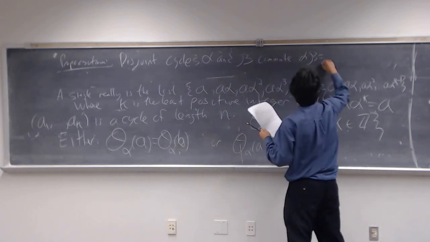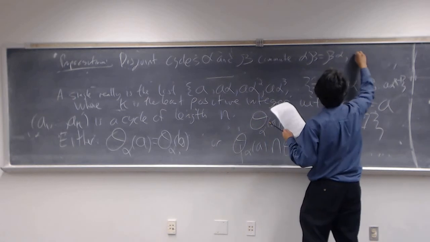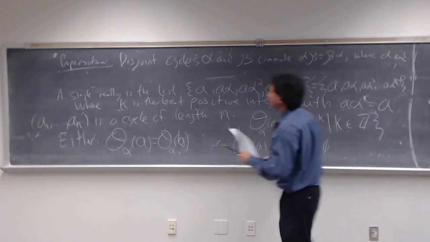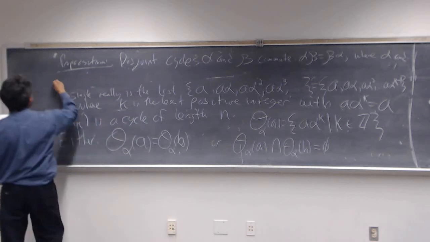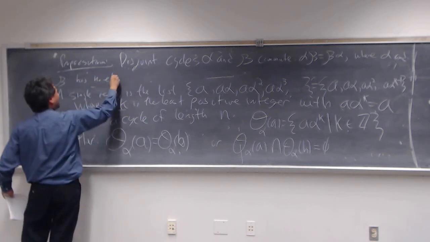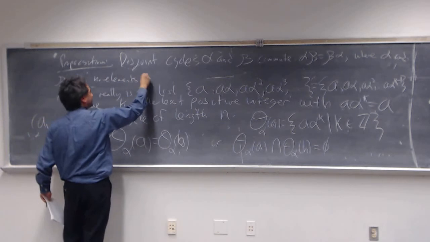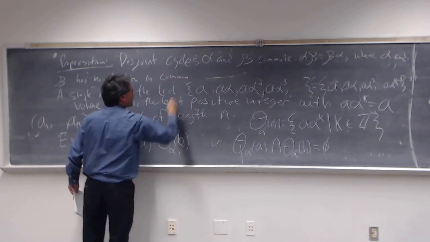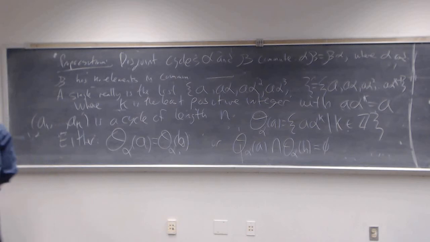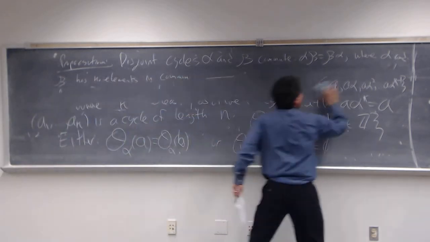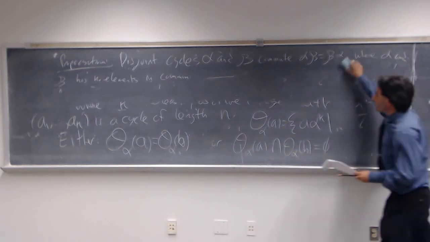Alpha beta equals beta alpha. Again, where alpha and beta have no elements in common. So let's see why that's the case.